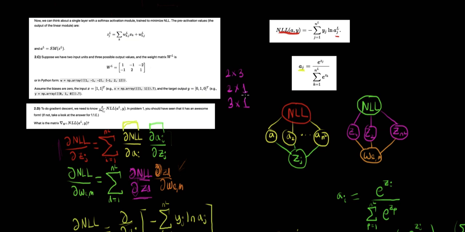And so how do we multiply a 2 by 1 by a 3 by 1 and get a 2 by 3? Well, if we transpose this, we can get a 2 by 1, and then we can multiply it by a 1 by 3, and this will give us a 2 by 3.